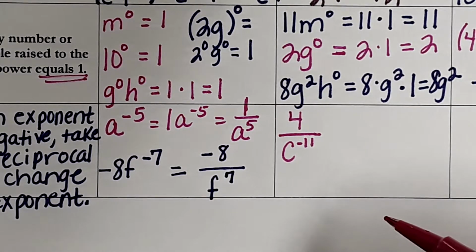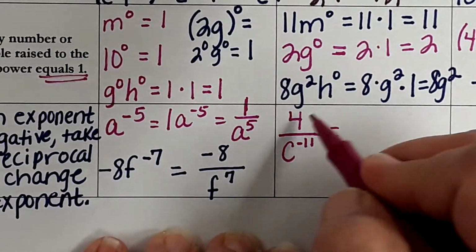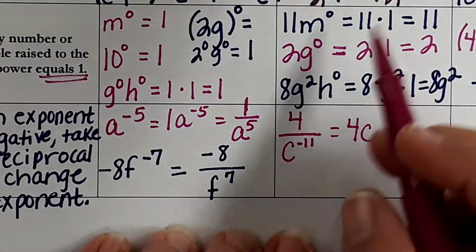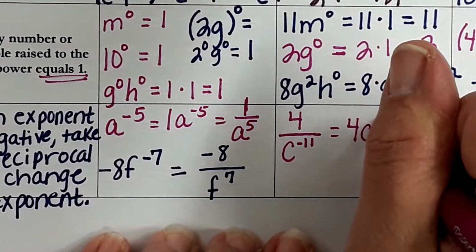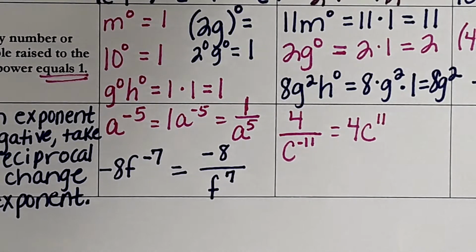It wants to get out of bed because it has some exciting plans. It's probably the weekend, where you guys don't have to come to school. Okay? So the 4 is going to stay. The C goes right next to the 4. And because it was negative down in the denominator, now it's positive.